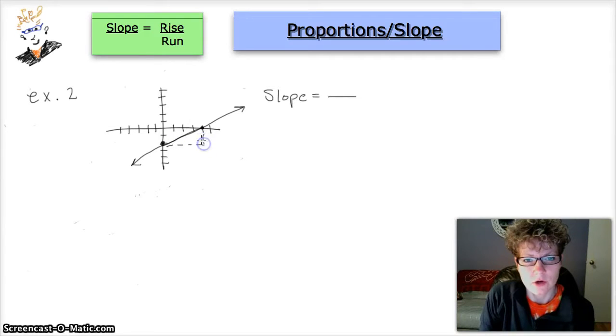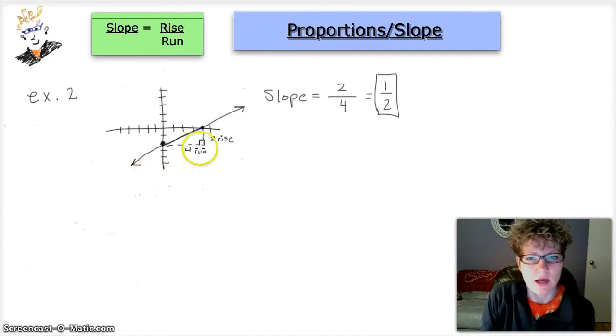It goes over 1, 2, 3, 4. So 4 is the run. And then it goes up 2, because it's a positive slope. So 2 is the rise. Rise over run: 2 over 4, and we want to put it in its simplest form, which would be 1/2. So the slope of that line is 1/2.